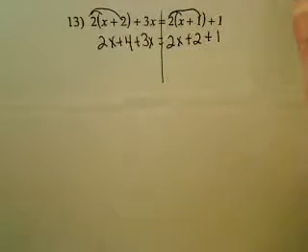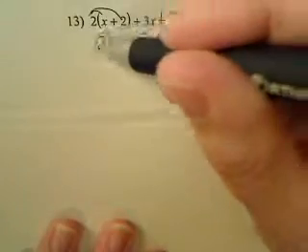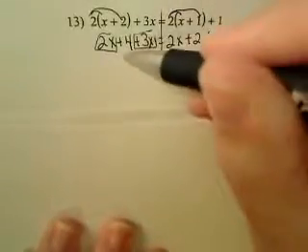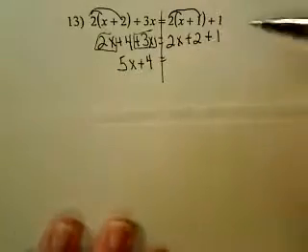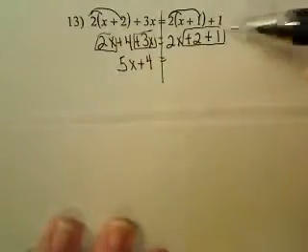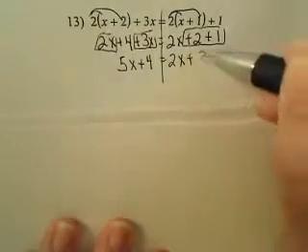Okay, don't call me. The C is to combine like terms on either side. So I can combine these, and that gives me 5x, and then the plus 4. And then over here I can combine those two. Those are like terms because they don't have a variable.